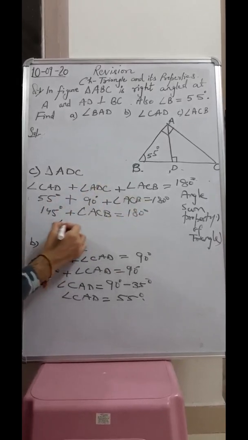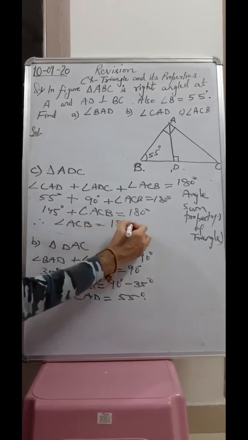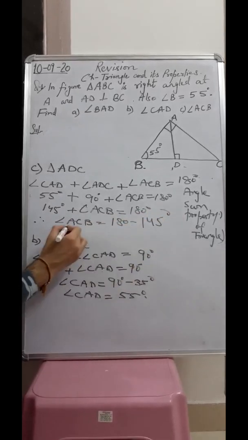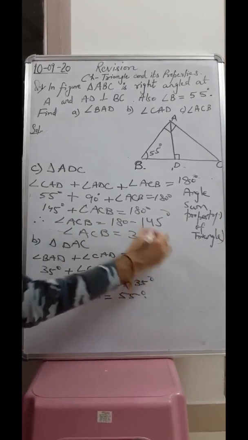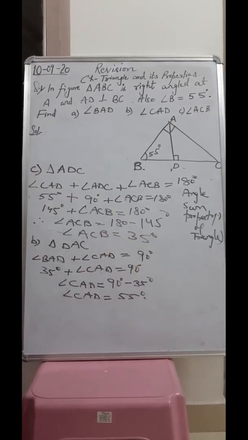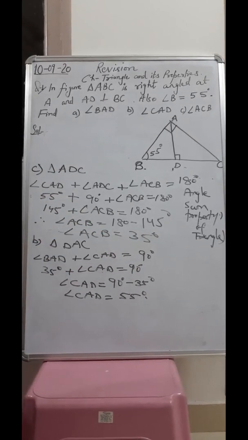This will go on the right side. So therefore angle ACB will be equal to 180 minus 145. So angle ACB will be equal to 35 degree. In this way we can find out the third angle, that is angle ACB, 35 degree.